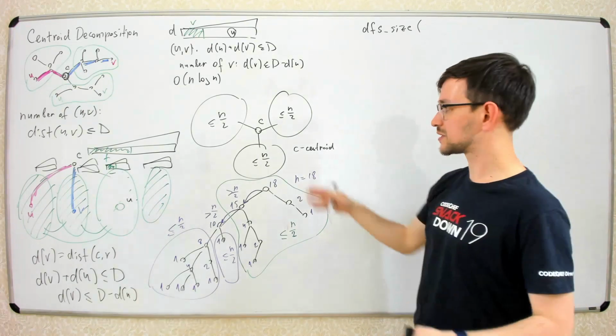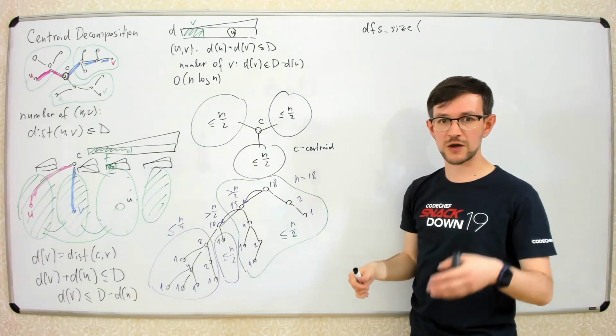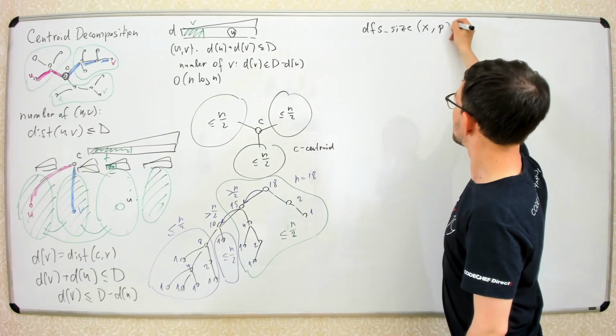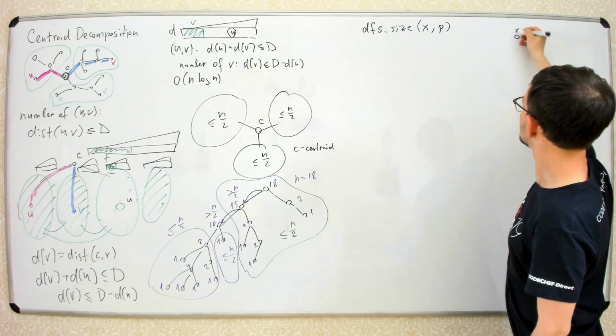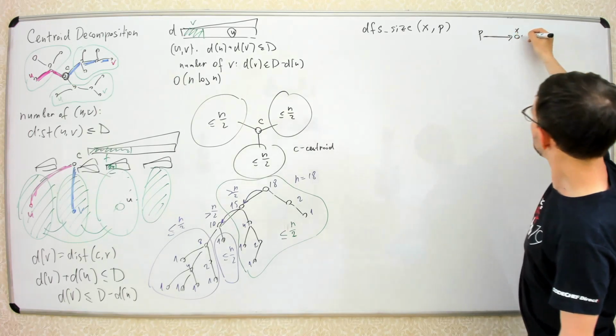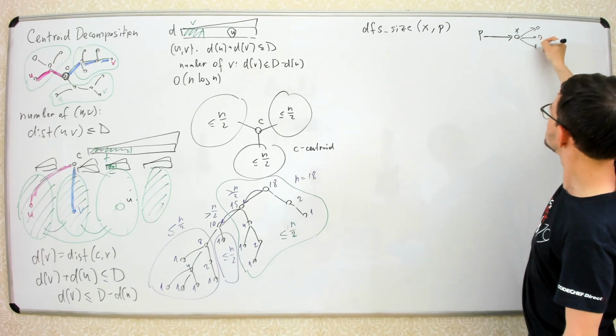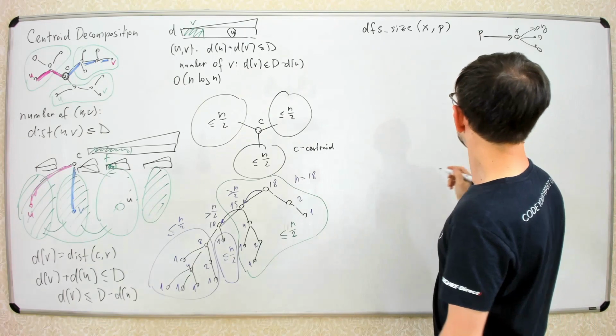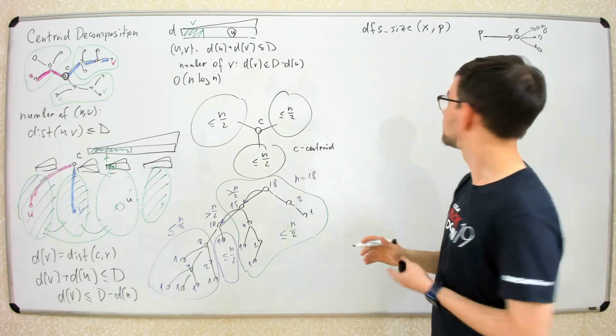How to make DFS in a tree? You have your current node X and your parent P. So you stay in the node X and your previous node is P. Now from this node X, you want to go to all possible nodes Y except this node P, and it will return the size of the tree.